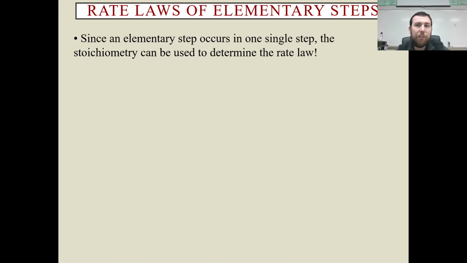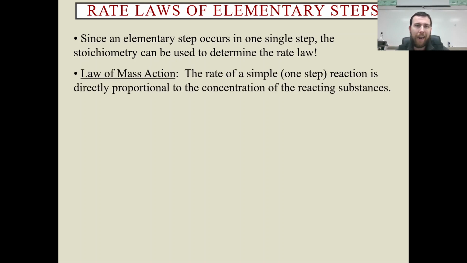And so what we can do is use the stoichiometry of an elementary step to determine its rate law, right? And maybe a better way of saying that is to theoretically identify what the rate law would be for that step. And we can do this because of the law of mass action.